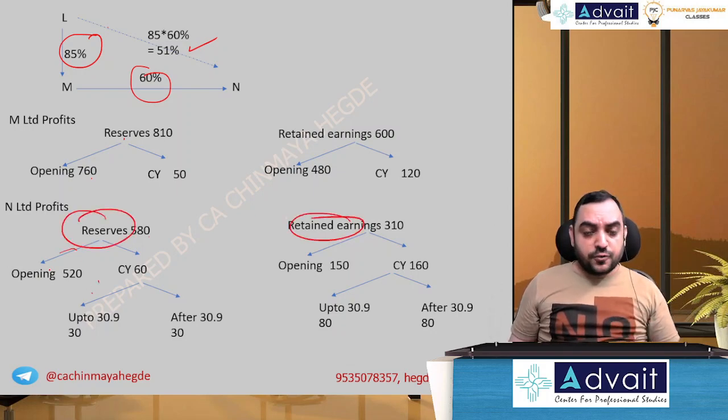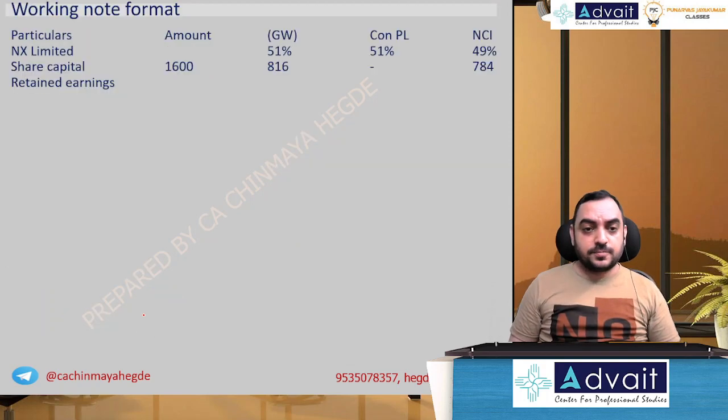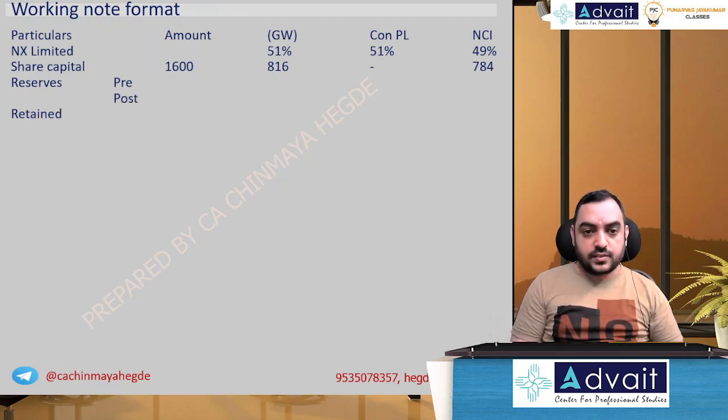Reserves pre 520 plus 30, I'll say 550, and post is 30. So first I'll do reserves pre, post. Similarly, retained earnings pre, post.